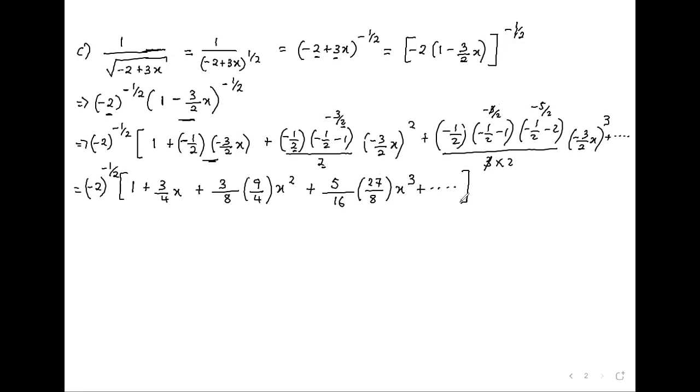Giving us -2 to the power -half. And then you just put these together.